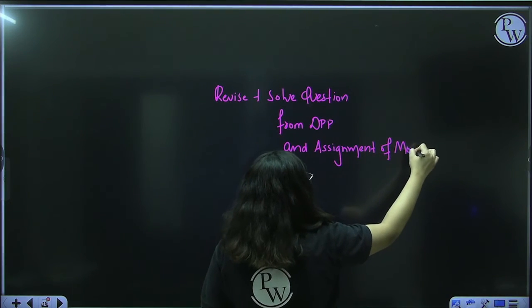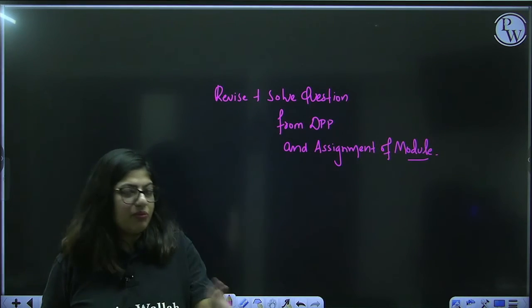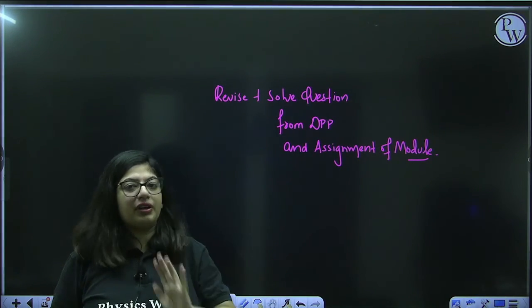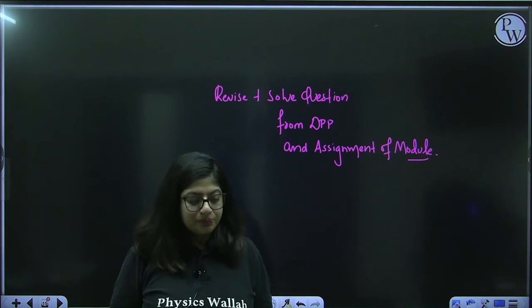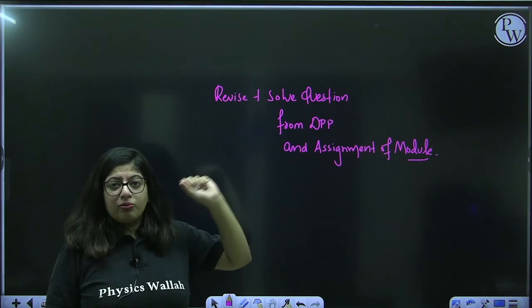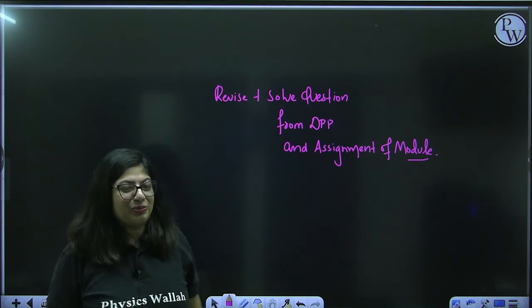So if you already have a module from another place, it's good. If you don't have any module, I will suggest you to please buy one from anywhere. I am not forcing you to buy PW only, but it will be good if you buy that. So you have to buy it and solve the questions, because the more practice you do, the better you become, right?